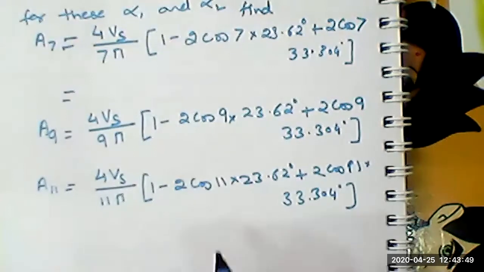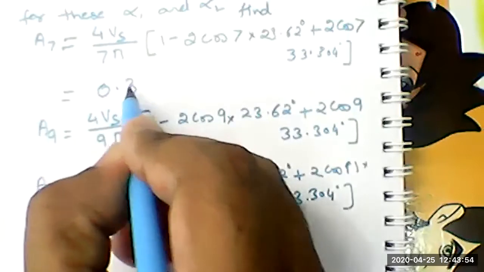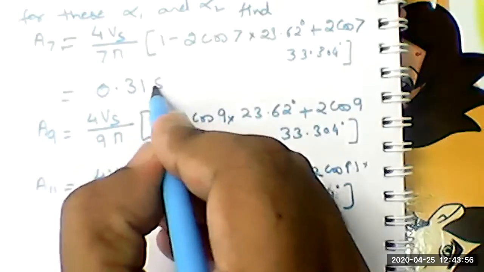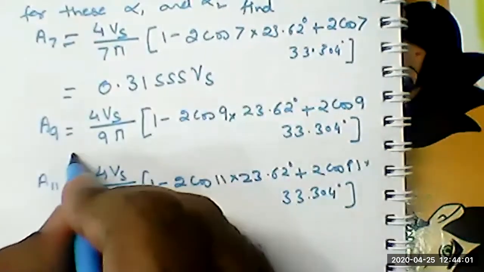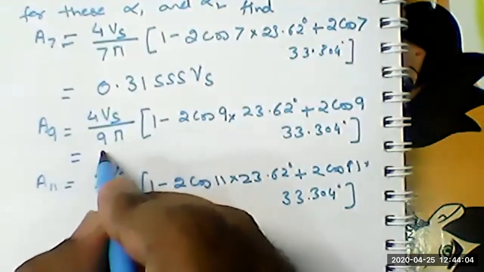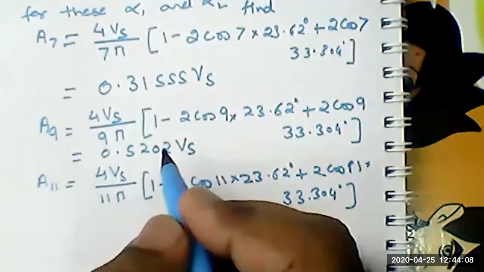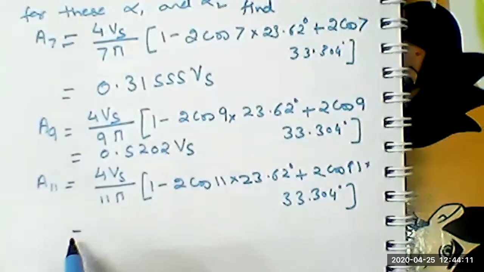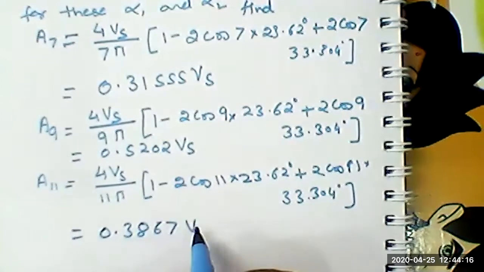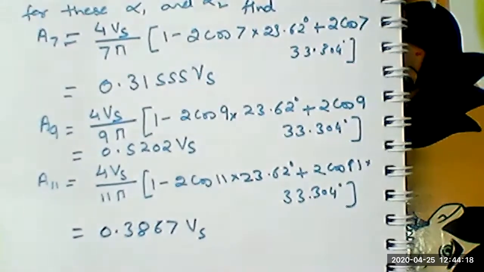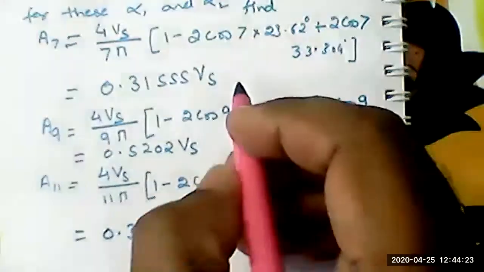It comes out to be, I am writing straight away, A7 comes out to be 0.3155 Vs, whereas A9 comes out to be 0.5202 Vs, and the 11th component comes out to be 0.3867 Vs. You just cross check these values at your end once this class is over.